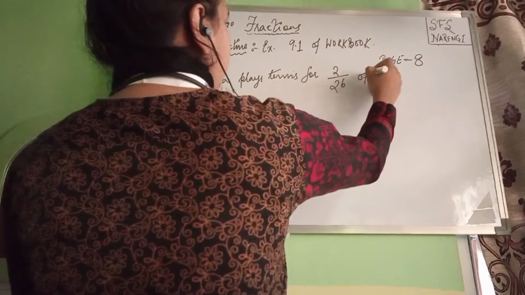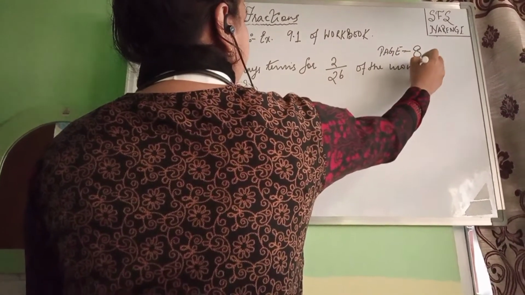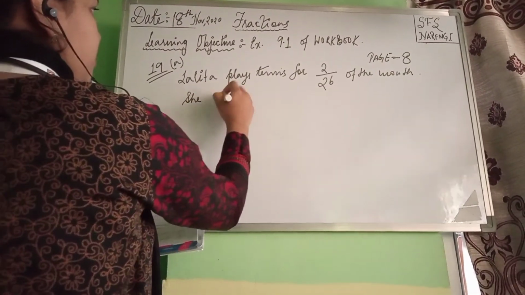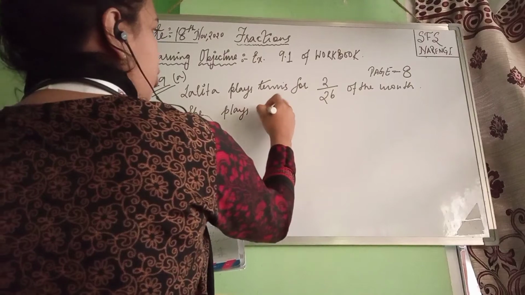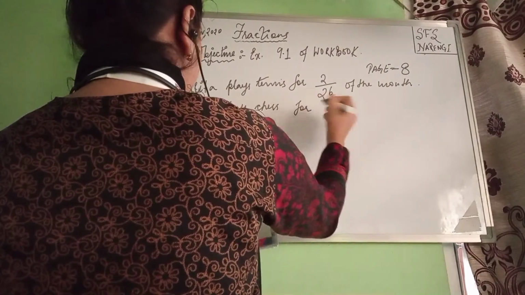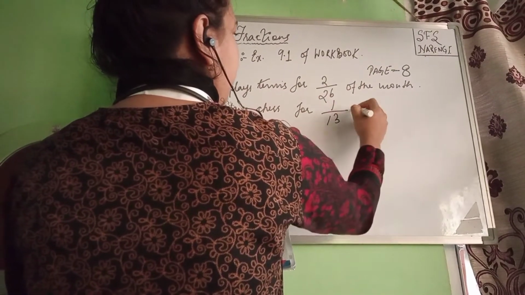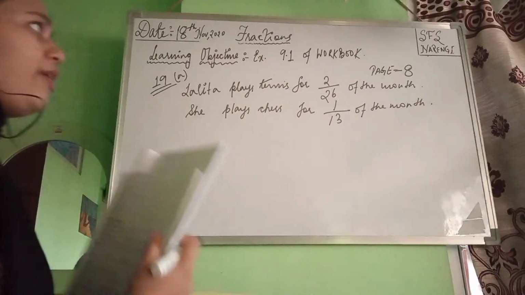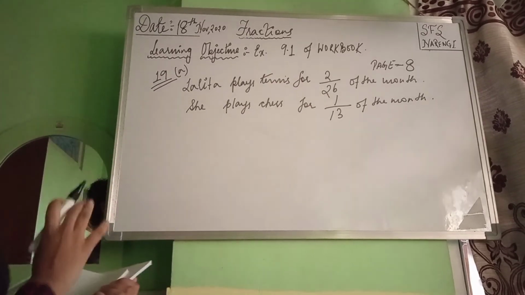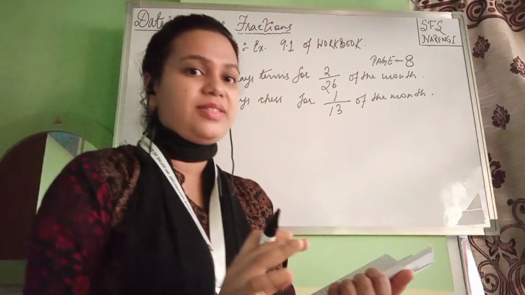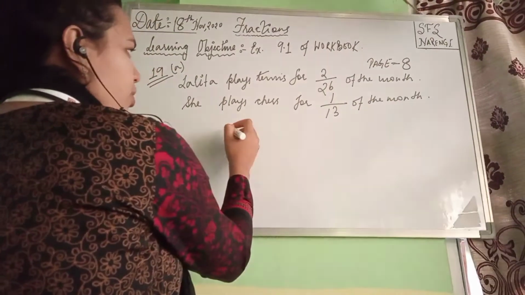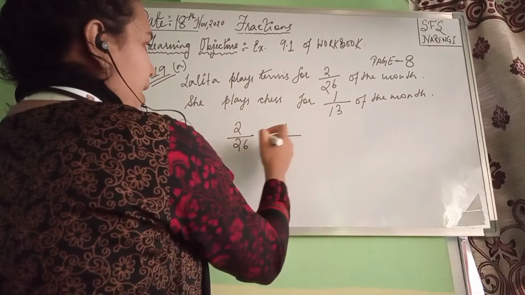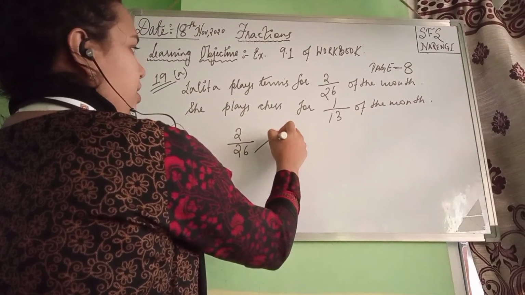And she plays chess for 1/13th of the month. So you have to check if the time she plays tennis and the time she plays chess are the same. What do you have to do? You have to see if these two fractions are equivalent. So write 2/26, 1/13, okay?